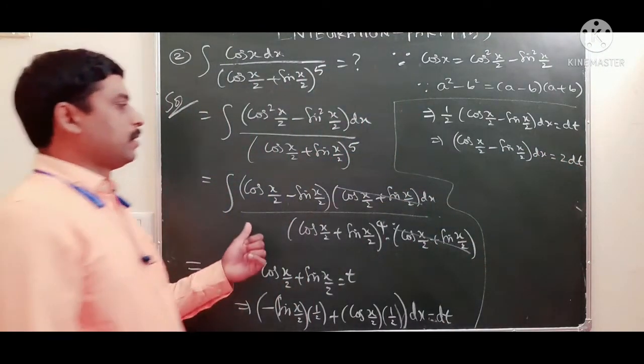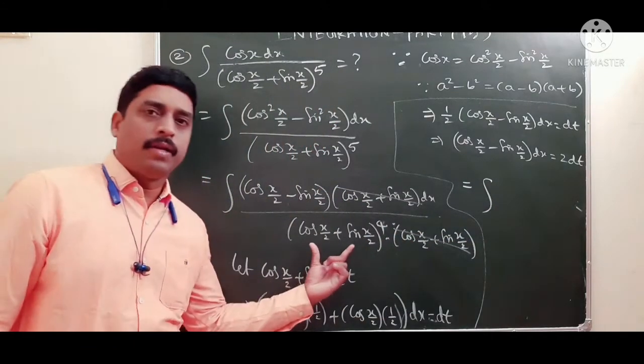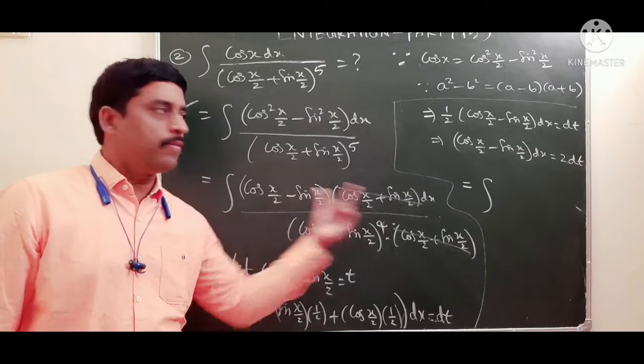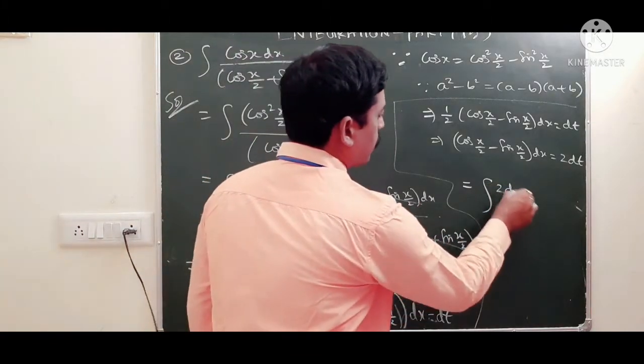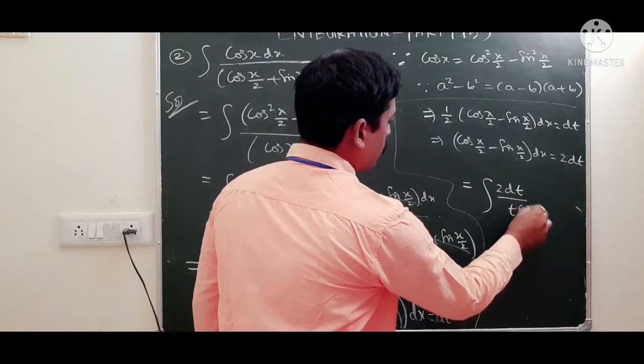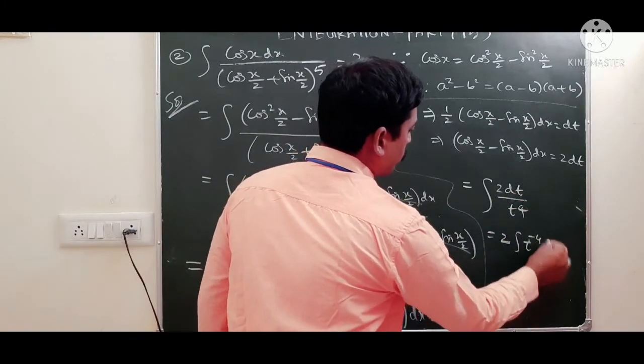Now, continuing the integral, if the denominator is t, then the numerator will be 2 dt. So 2 dt by t to the power 4. This will be 2 constant times t to the power minus 4 dt.